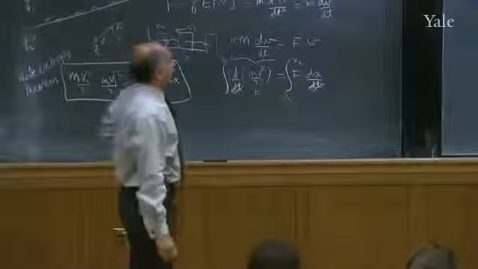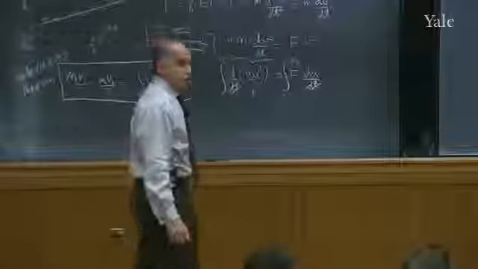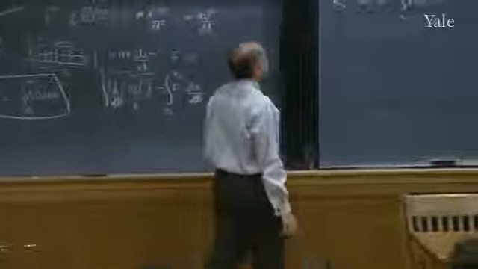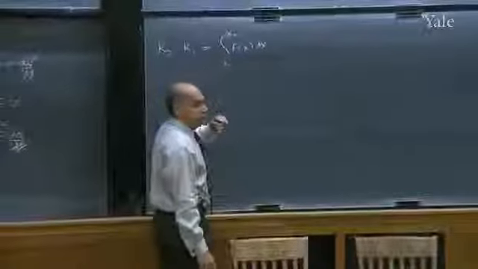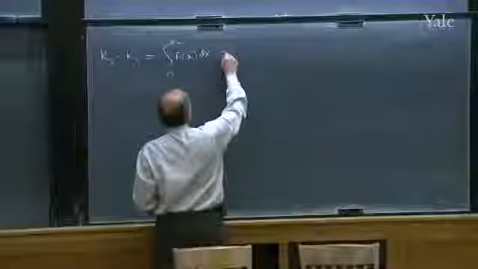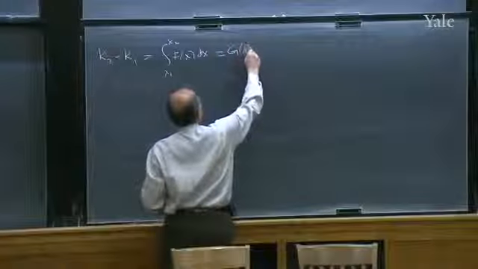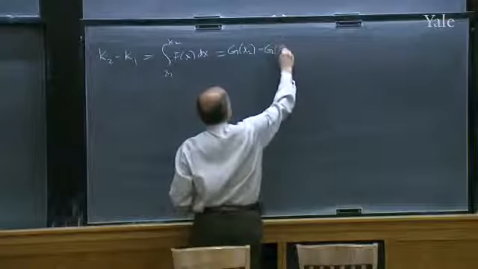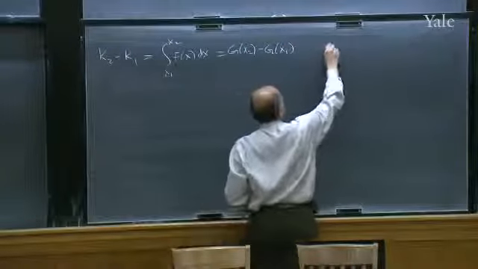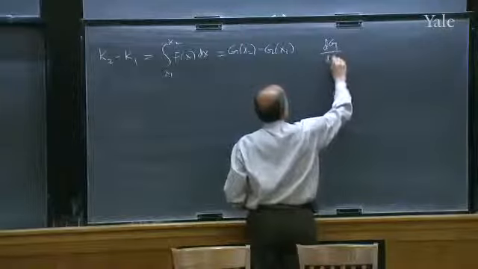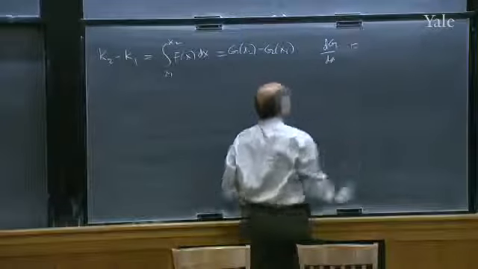Now, it's a fundamental result in calculus that the integral of any function of x from the point x1 to the point x2 can be written as g(x2) minus g(x1), where g is any function whose derivative is the f I'm integrating.